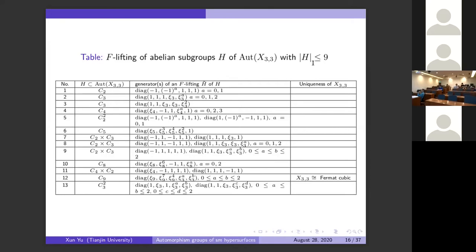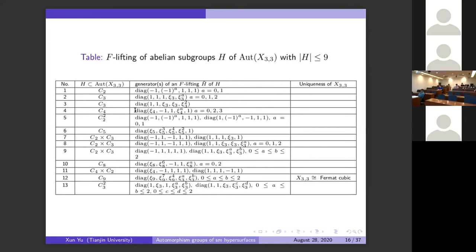In our classification, we actually can determine all possible abelian groups, but the table is longer, so we just put this part. For instance, for the order 2 element, the trace, after diagonalization, is like this: -1, and the second one is either -1 or +1. The remaining is +1.